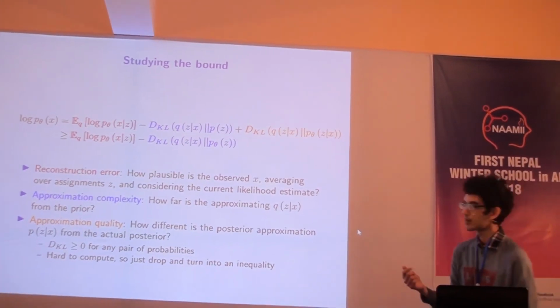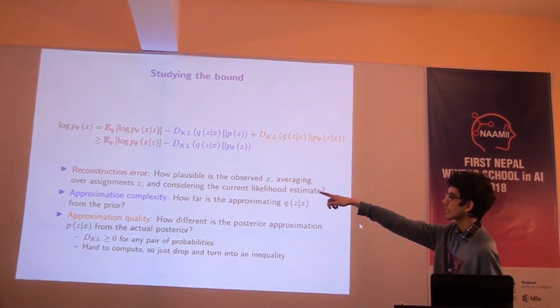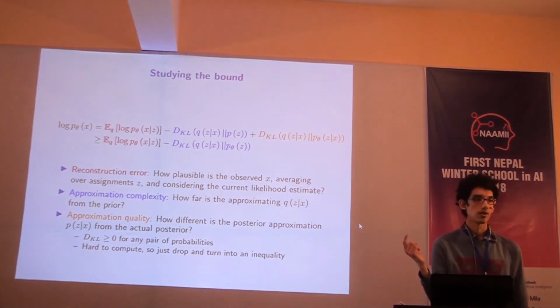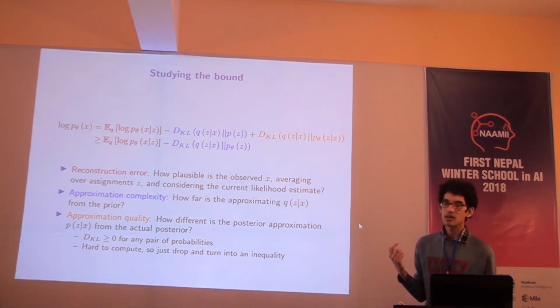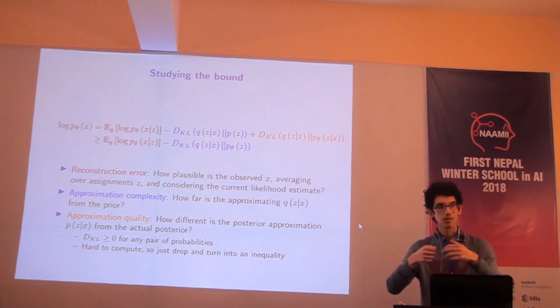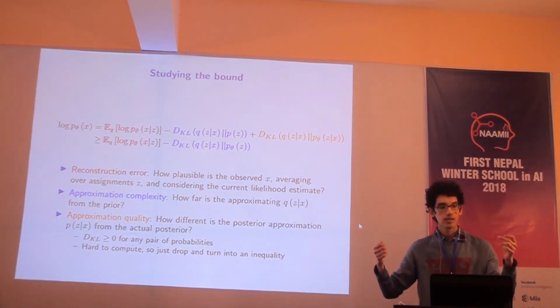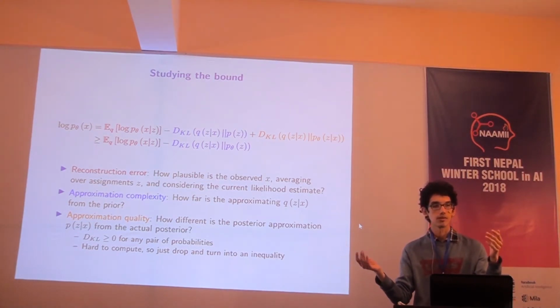So the red, this is an expected reconstruction error, right? So why is it called the reconstruction error? Z is giving some sort of assignments to each of my points, and then X is like the data that is generated from that configuration, from that particular assignment, right?